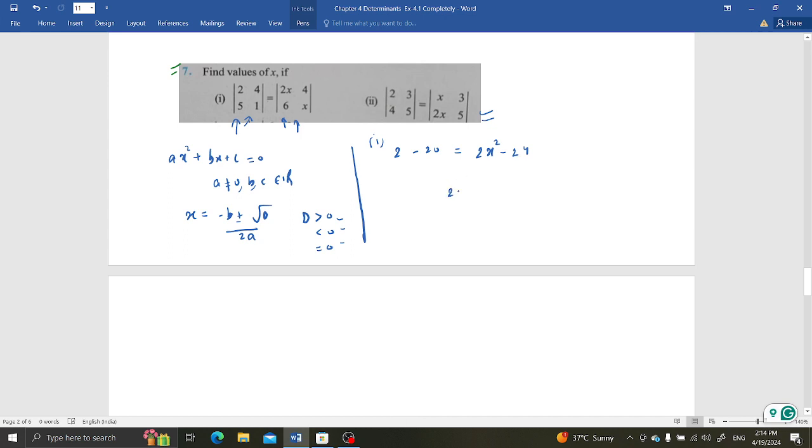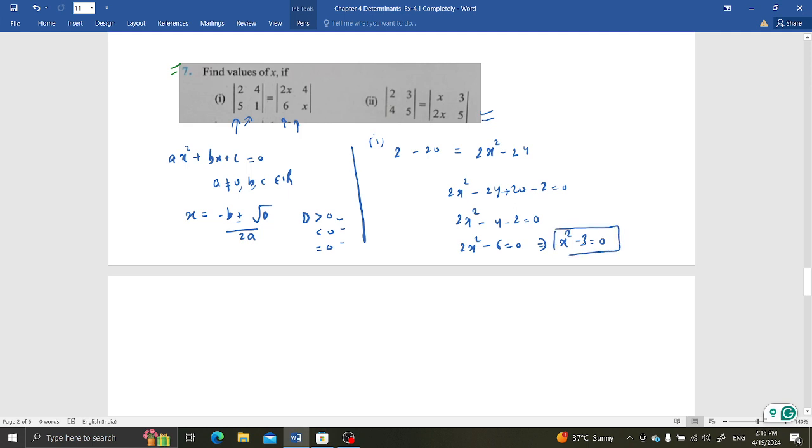Now here we have 2x square minus 24 plus 20 minus 2 equal to 0. So 2x square minus 6 equal to 0, and from here we get x square minus 3 equal to 0. Now observe that it is a quadratic equation.